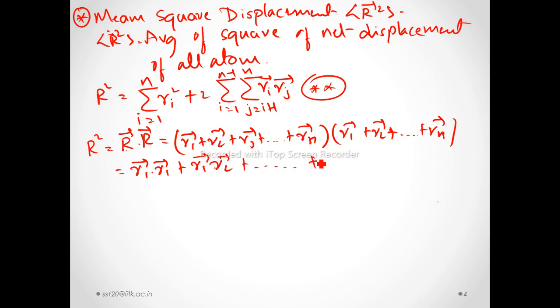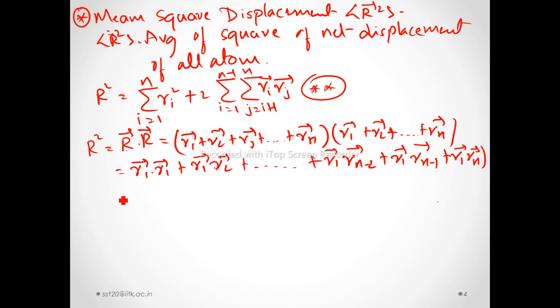Then finally we have R1 bar into Rn minus 2 bar, R1 bar Rn minus 1 bar plus R1 bar into Rn bar. So we are multiplying up to 3 terms preceding this Rn.